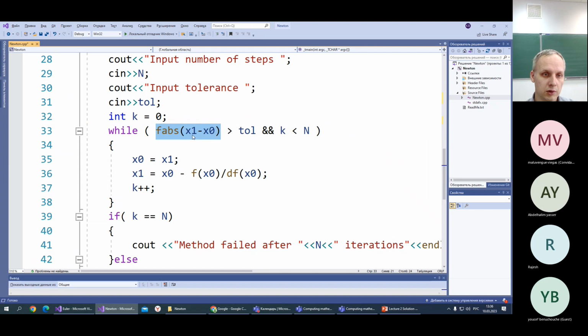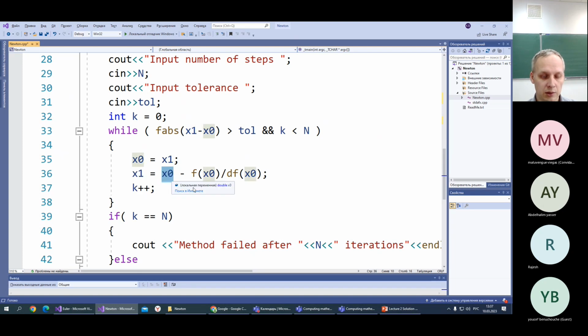While modulus of x1 minus x0 is greater than tolerance and the number of steps is smaller than n, we repeat the following actions. Let's store the previous value of x1 in the variable x0 and update x1.